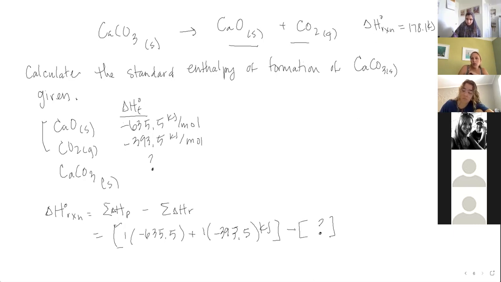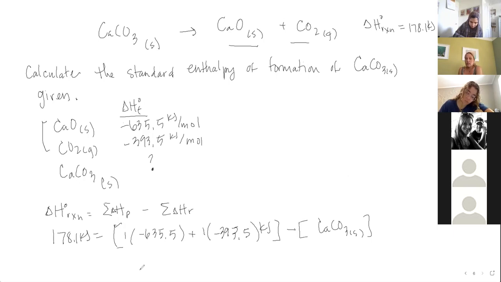So you can write this however you want. You can make it X. I'm going to make it CaCO3 solid as my enthalpy of formation. And these are all going to be equal to the change in enthalpy at standard temperature and pressure of my reaction, which I was given to be 178.1 kilojoules.